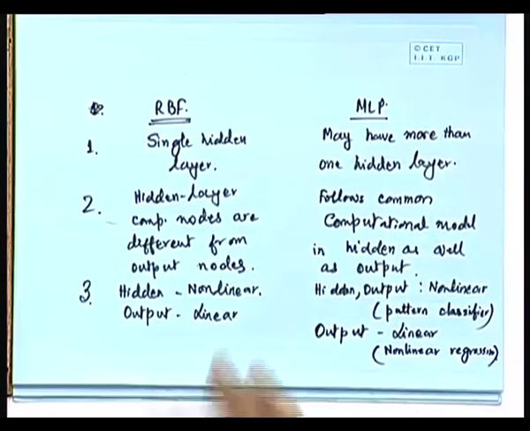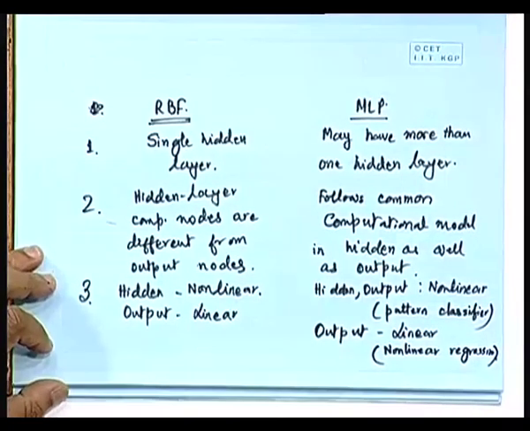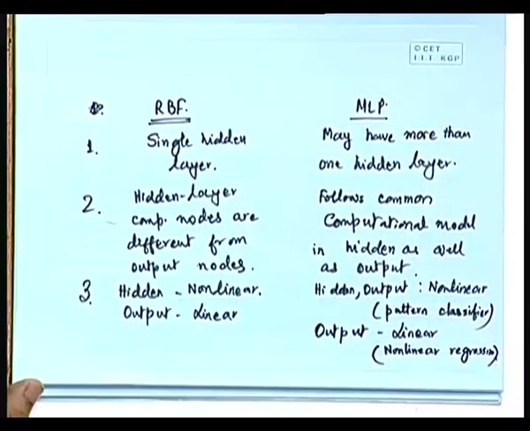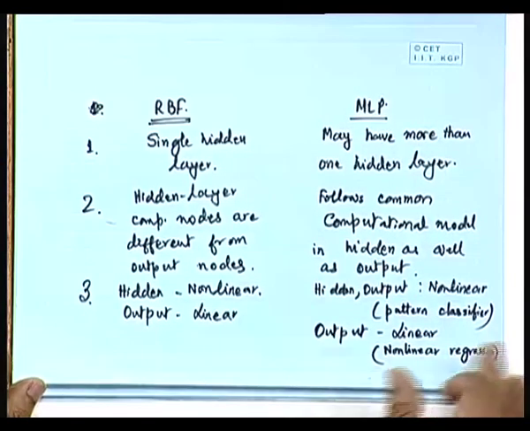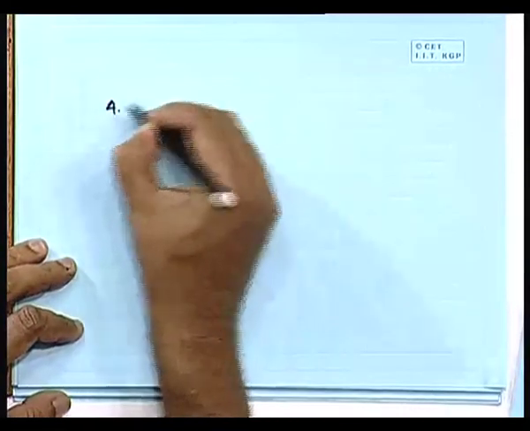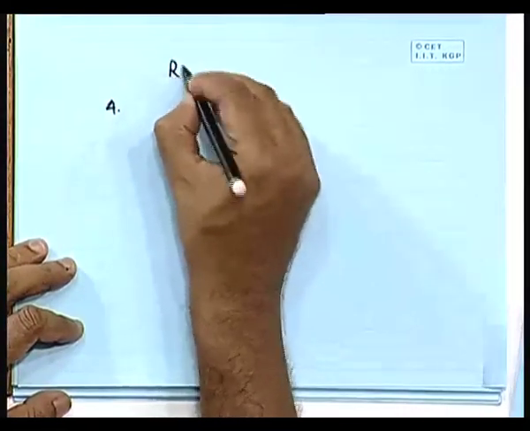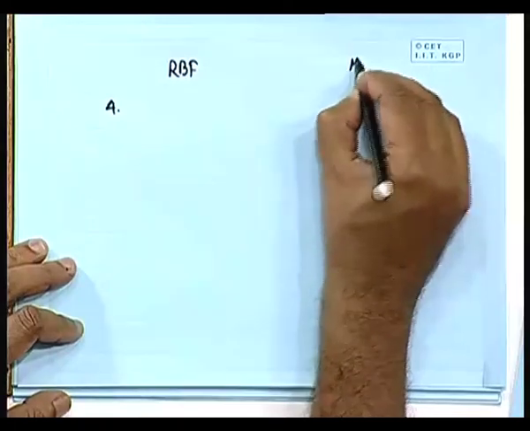So, these 3 points are quite obvious, and now the fourth point is about the argument of the functions, okay, which we have already talked of. Here RBF and here MLP.